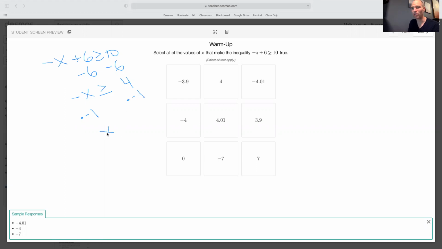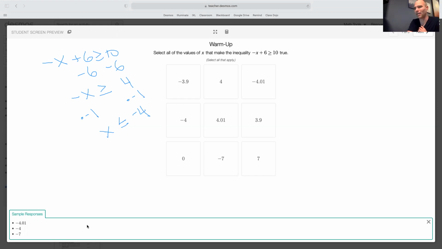And what happens when you multiply or divide both sides of an inequality by a negative number, this sign that used to say greater than or equal to needs to switch and become less than or equal to. I'm pretty sure we talked about that in class earlier today, whether you have me or Mr. Wong. Hopefully that sets off a light bulb. But it's pretty weird when you first learn it. So x needs to be less than or equal to negative 4 in order for this inequality to be true.